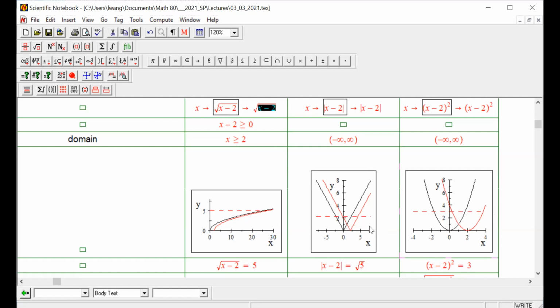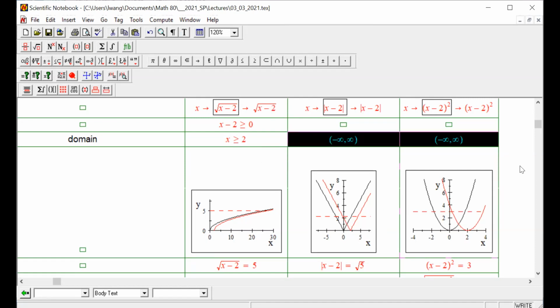So all 3 curves are shifting horizontally by 2 units to the right. Does everybody follow me? So there's a slight change of rule and a slight change in domain for the first one, and for these other 2, the domain doesn't change.